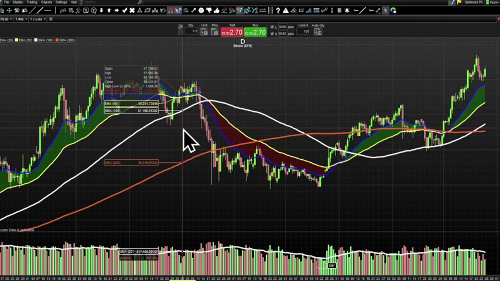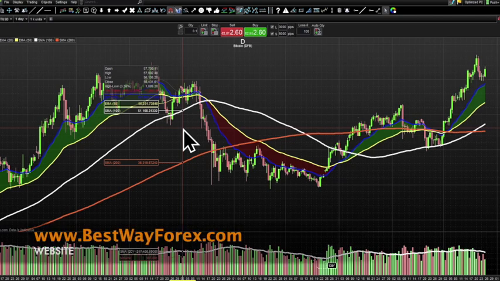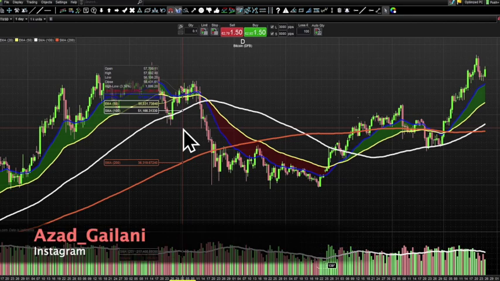That is one of the techniques you are learning here that you will not learn in other places. When an MA is touching the prices, that MA is discarded, not valid for giving the signal. But an MA that is away from the price is the valid one to give us the signal.